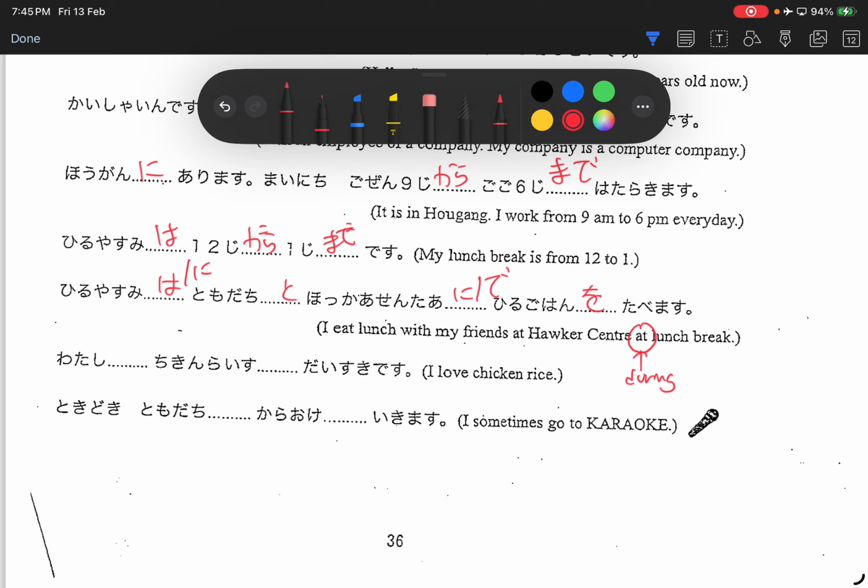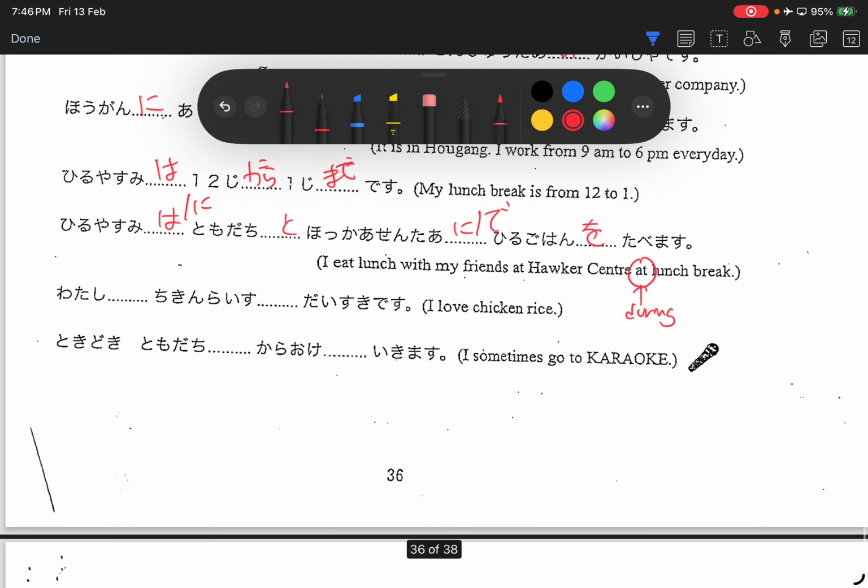That means during the lunch break, she ate at the hawker center. So it can be 昼休みに友達とホーカーセンターで。Wa and ni each have their own purpose. As long as you can justify the reason, you can plug it in. We use wa because it can be a subject. We use ni because it can be during lunchtime. The usage is okay.